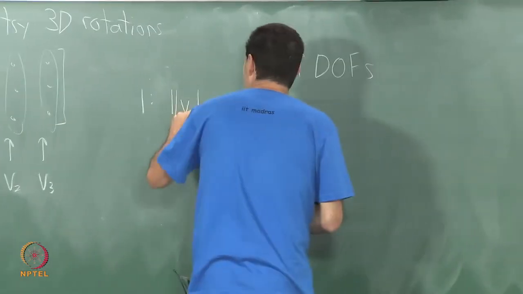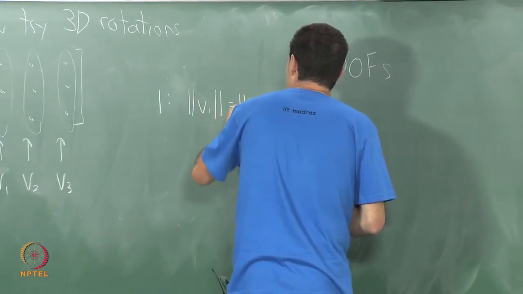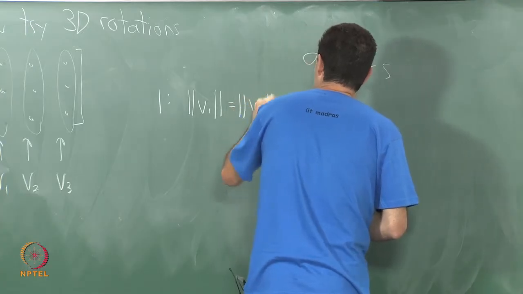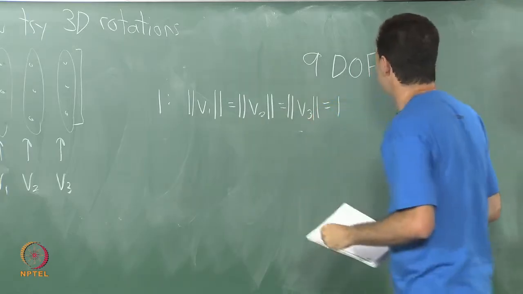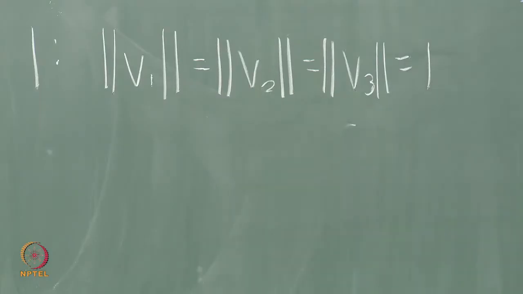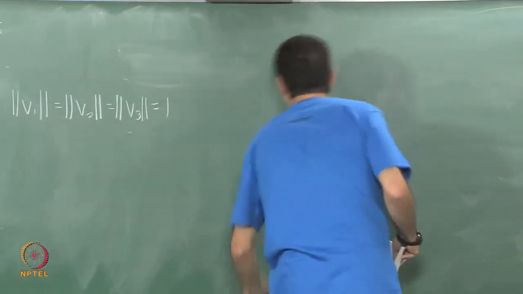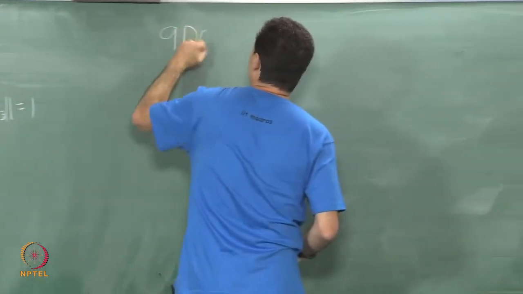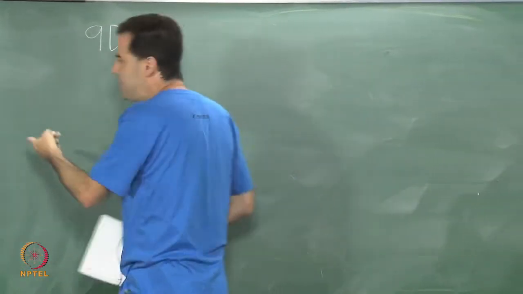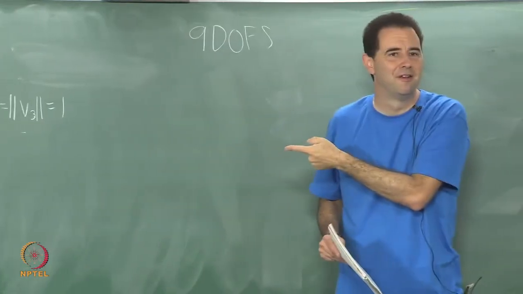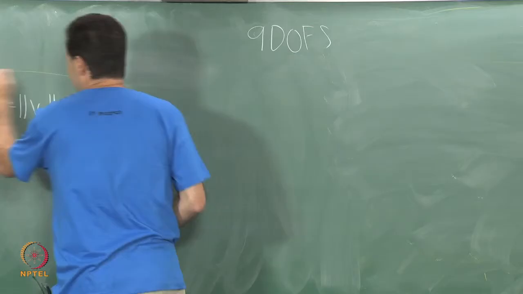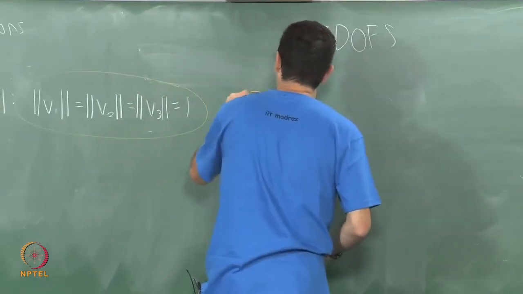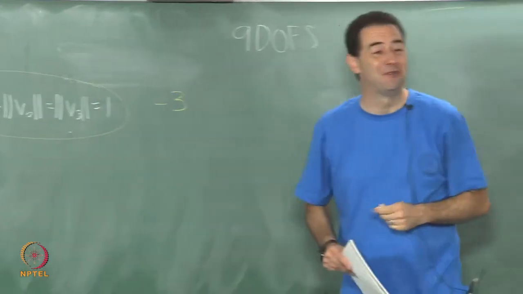So the norm of V1 should equal the norm of V2, should equal the norm of V3, should equal 1. We started off with 9 dots. How many did I just lose? 3, right? So this gives me a degree of freedom penalty of 3. I lost 3 degrees of freedom.